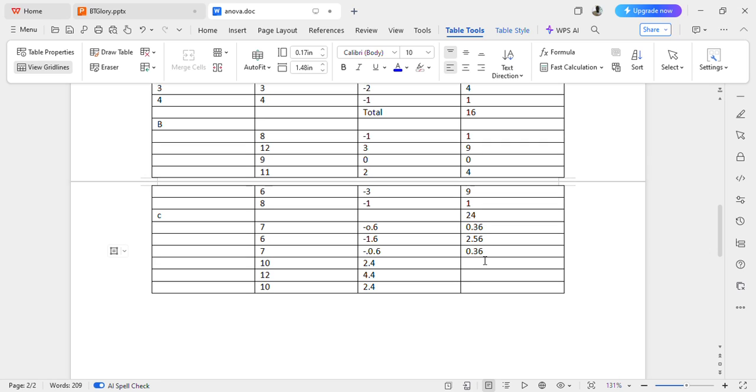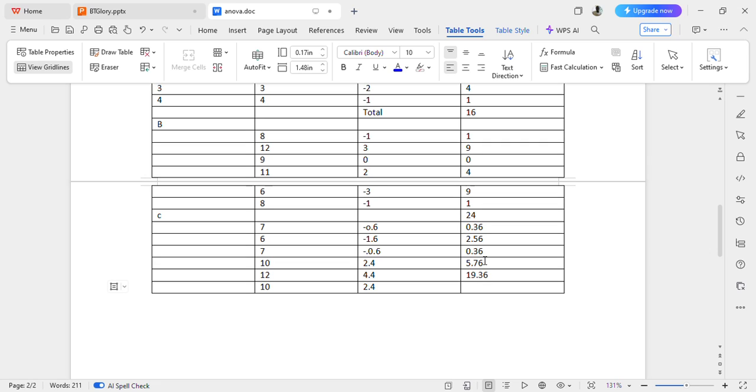The square of 2.4 is 5.76. The square of 4.4 gives us 19.36.